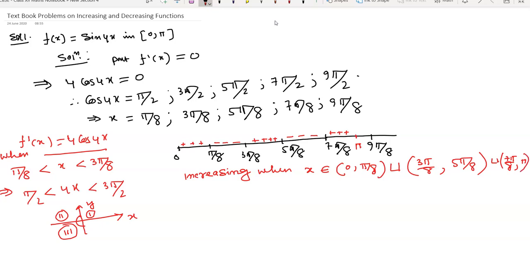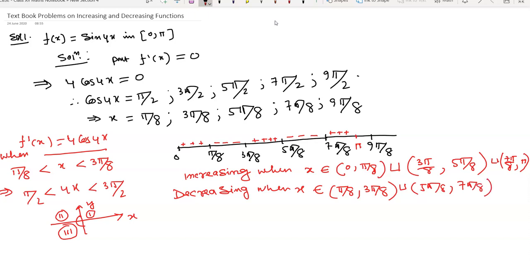So in this interval, it is going to be increasing, and it is decreasing when x is belonging to pi by 8, 3 pi by 8, union 5 pi by 8, 7 pi by 8.